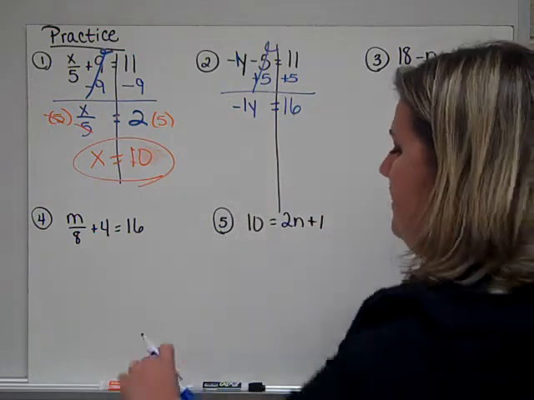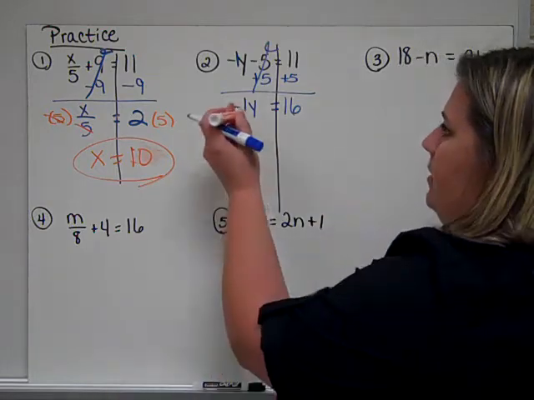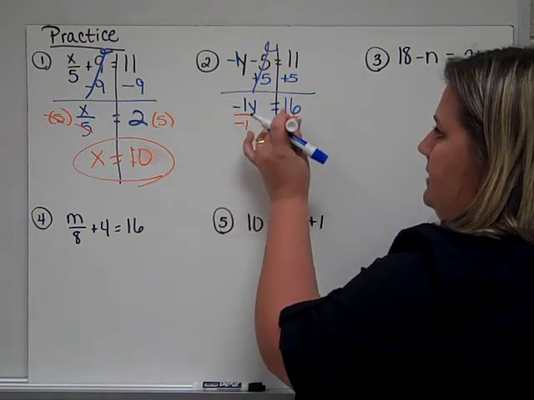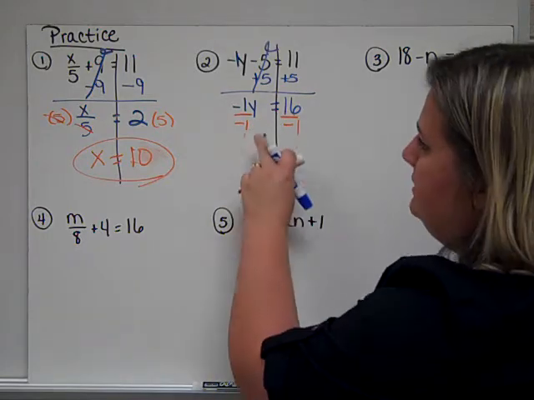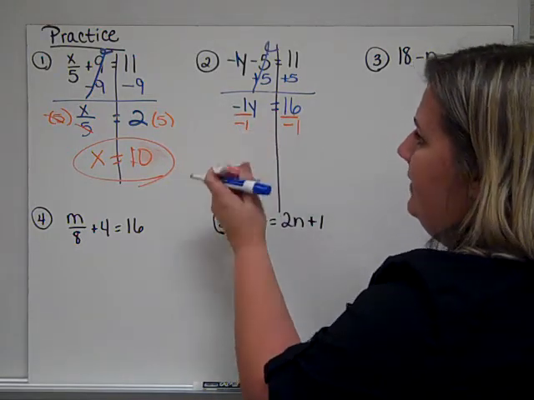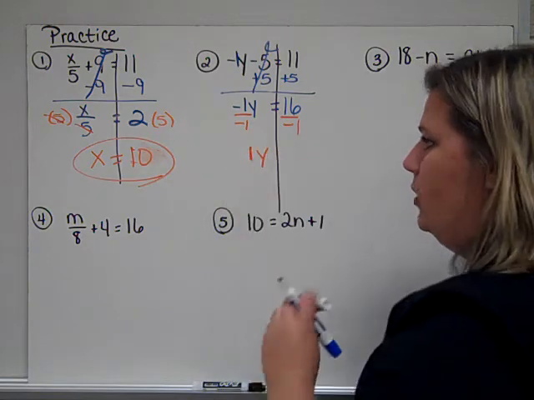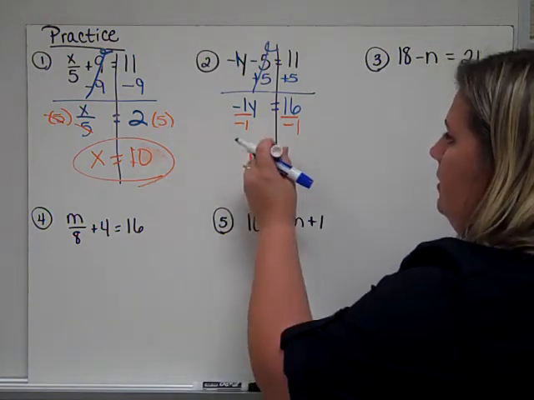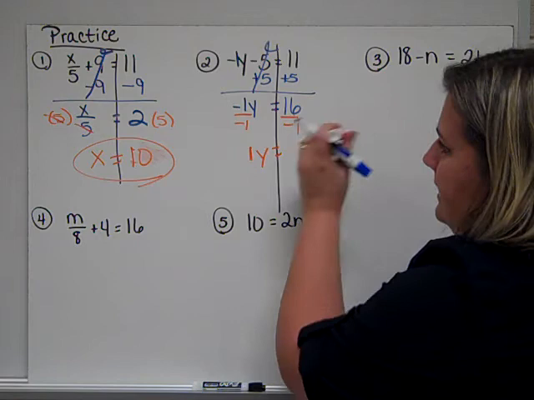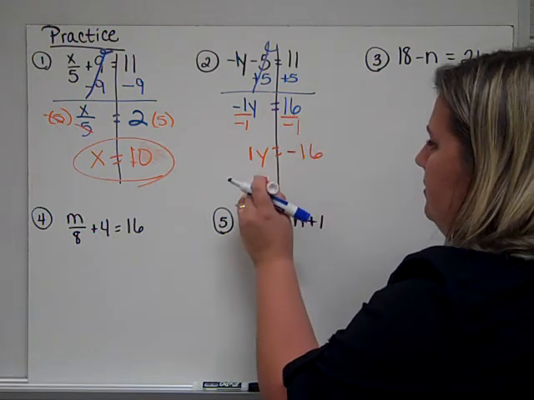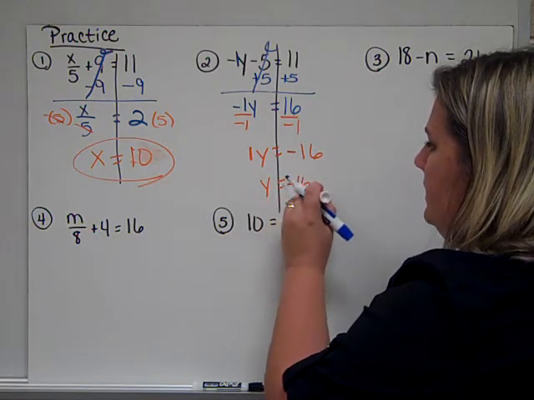That is what I must divide by on both sides, by negative 1. Notice here, I have negative 1 divided by negative 1. That gives me my positive 1y. That is what I need. And on the right-hand side, that gives me a negative 16. So y equals negative 16.